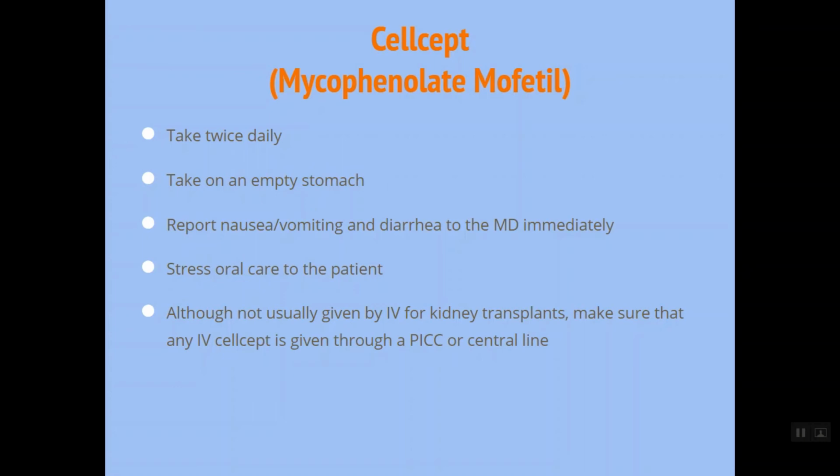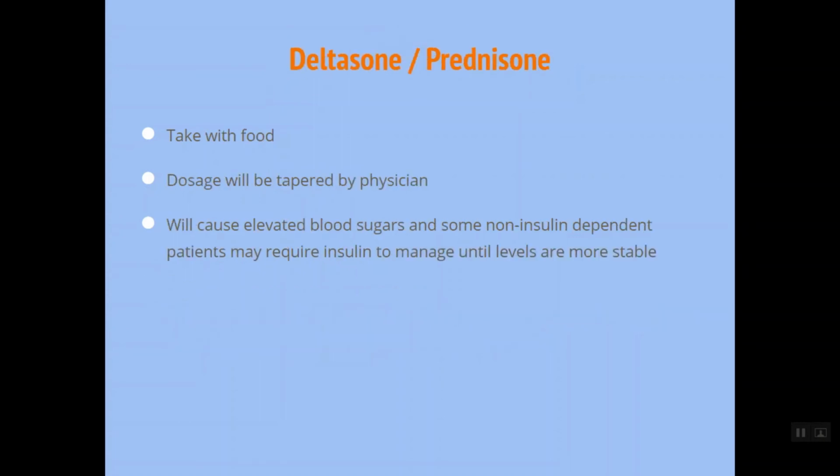I have seen Cellcept when it is infiltrated and it looks like it's 3rd-degree burns. It is very painful for our patients, and we don't want that to happen. So again, usually it's given PO, but if we have to give it IV, give it through a PICC or a central line.